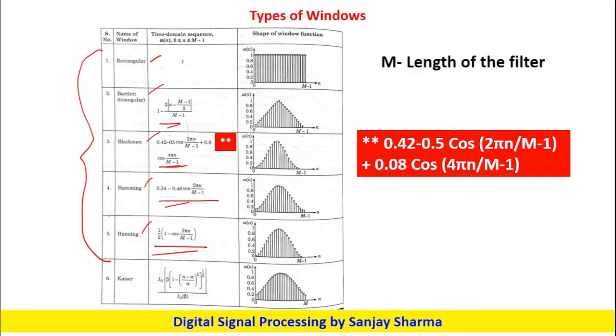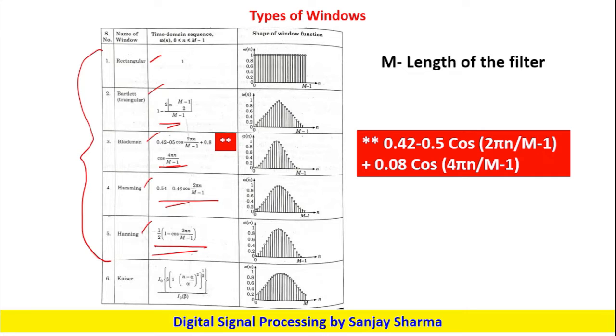When I am designing a filter of, say, order 10, the filter characteristics would be different. When I am trying to design a filter of order 20, its characteristics would be different. When I am designing a filter with an order of 30, its characteristics will be different. So as we change the order of the filter, there is a change in the parameters of the filter.